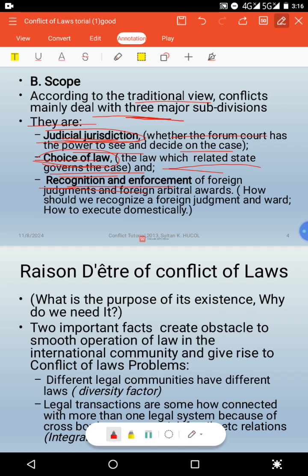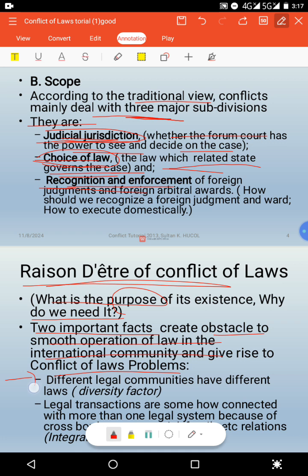The other main point we will discuss is the reason for conflict of laws, which means why we need conflict of laws, what is the purpose, the objective, the advantage of conflict of laws. There are two important factors that are obstacles to the smooth operation of law in the international community and give rise to conflict of laws problems.